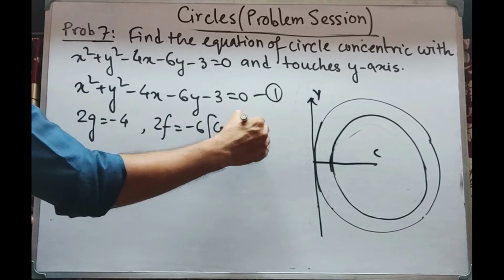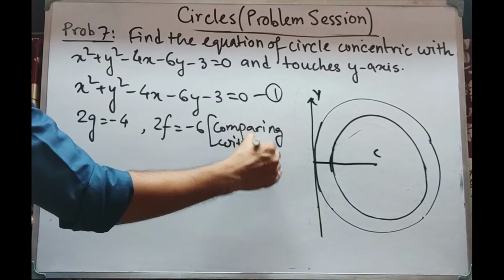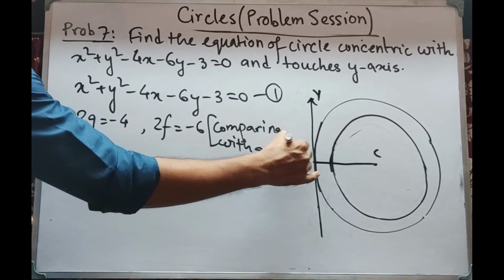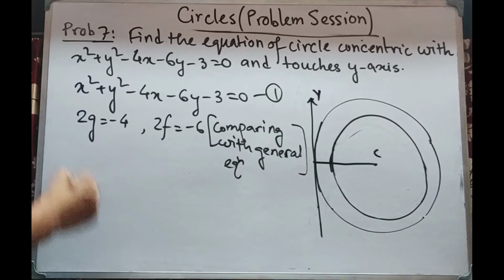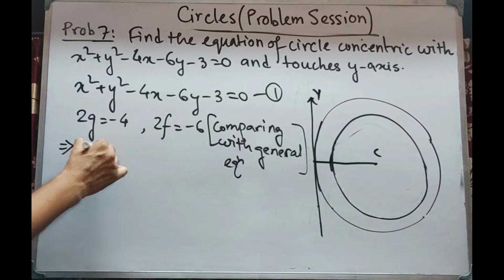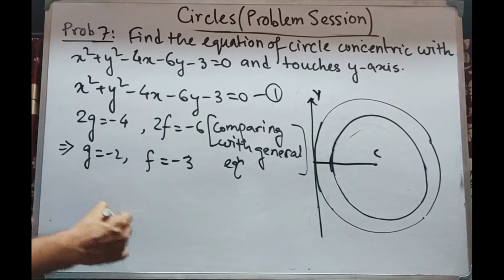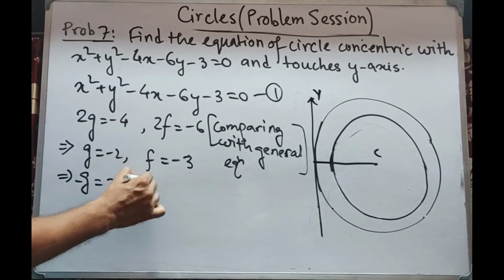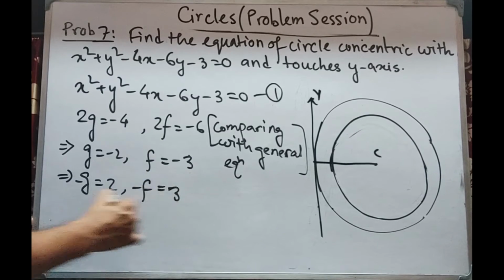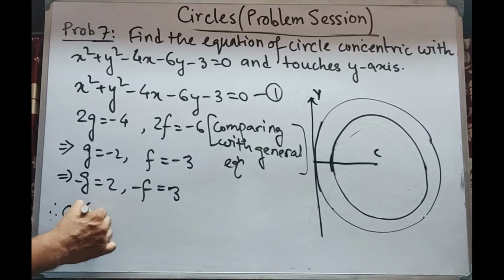So g is equal to minus 2 and f is equal to minus 3. So you can say that minus g will be 2 and minus f will be 3, so that the center C will be (2, 3).